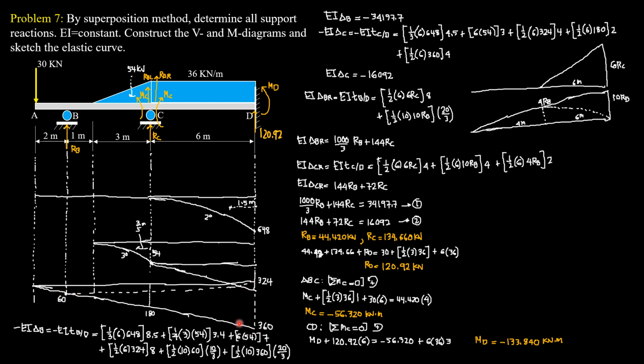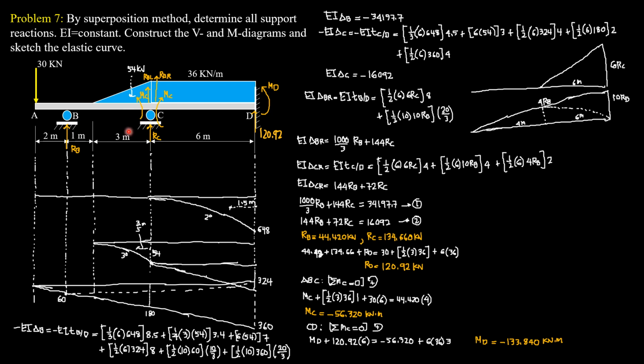This is a trapezoidal area, so we divide this into two triangles as shown, because this part is not considered in the calculation of the deflection at B or at C.